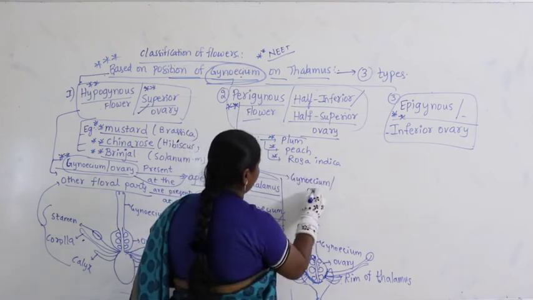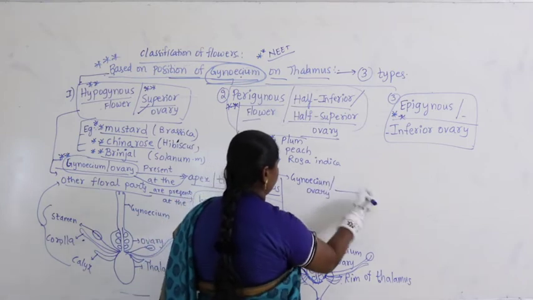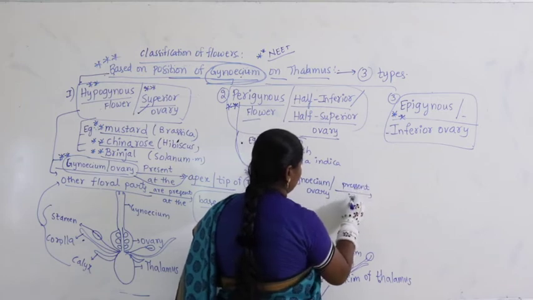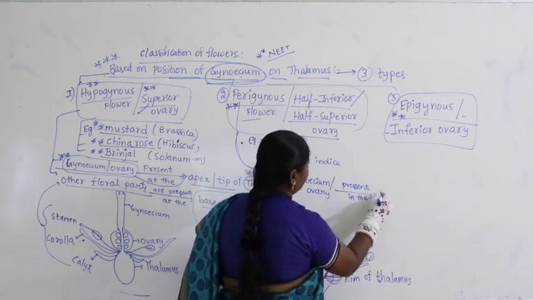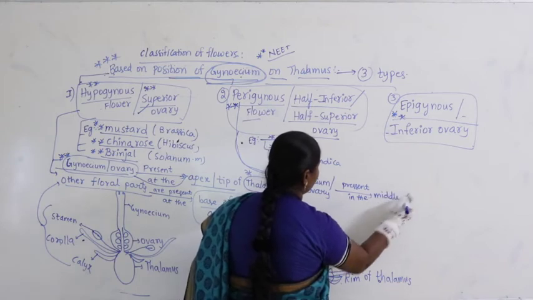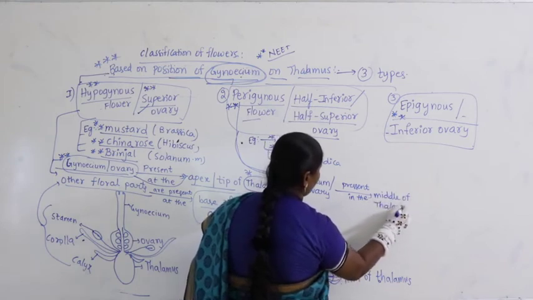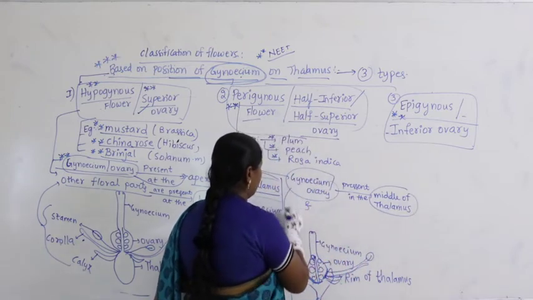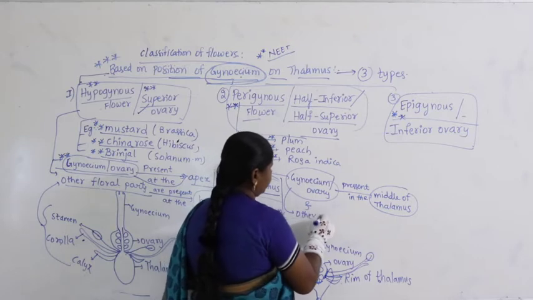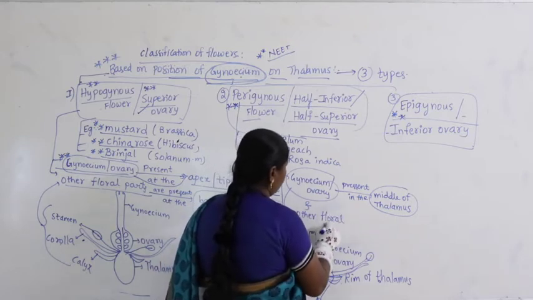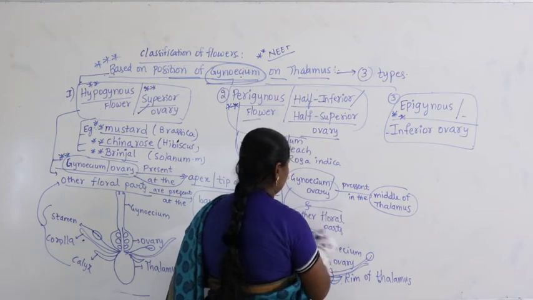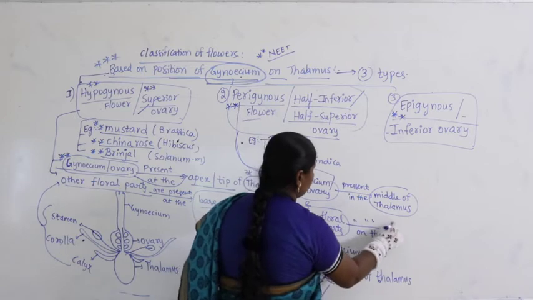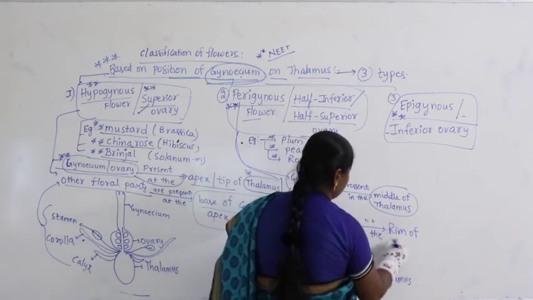Gynecium or the ovary is present in the middle of thalamus, and other floral parts are present on the rim of thalamus.